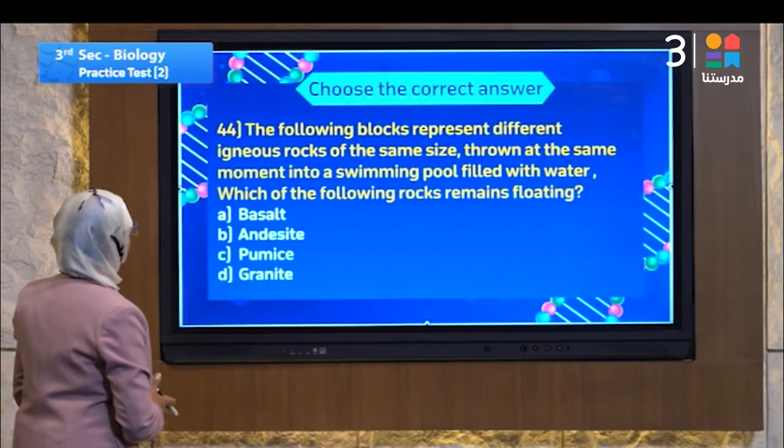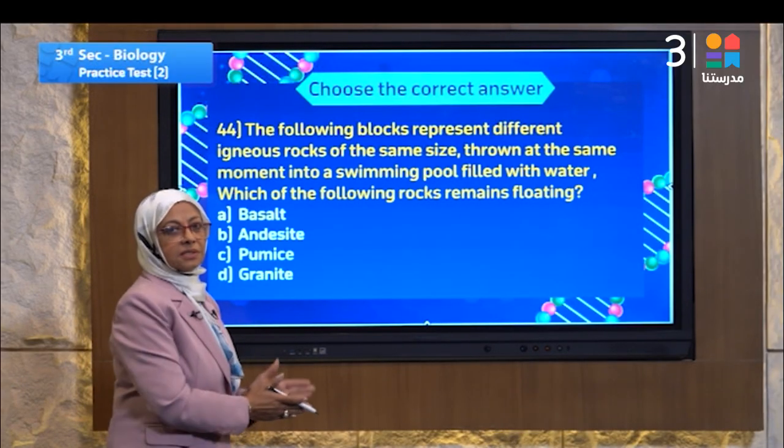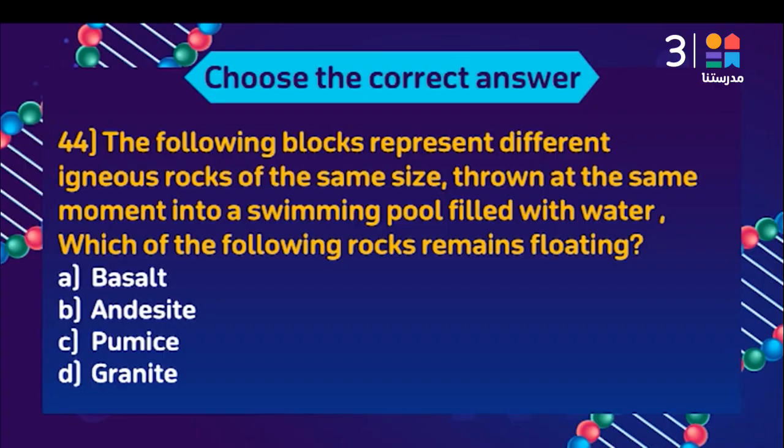Let's go to 44. Let's read the question and then decide. The following blocks represent different igneous rocks of the same size. They are thrown at the same moment into a swimming pool. It will be asked about the density. Igneous rocks have a specific density. The swimming pool is filled with water.